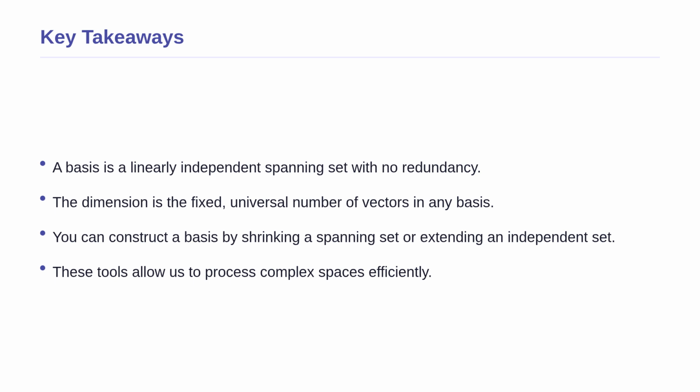Every basis for that space will always have the exact same number of vectors. Finally, we learned that you can actively construct a basis by either shrinking down an oversized spanning set or extending a small independent set. You now have the fundamental tools to measure and navigate mathematical spaces efficiently.